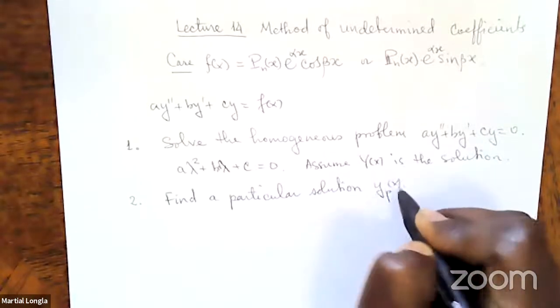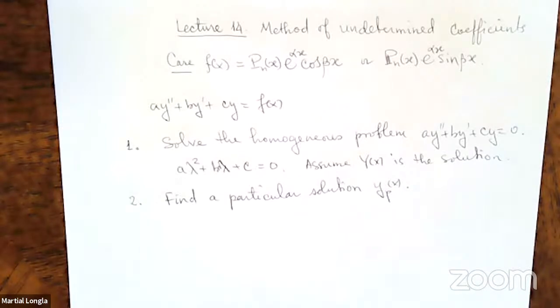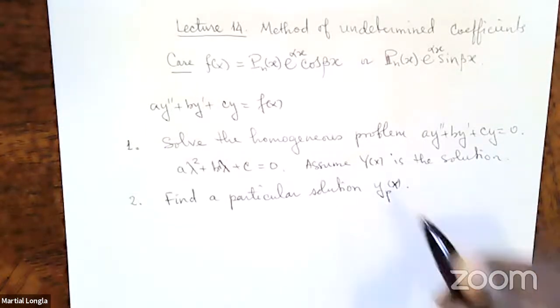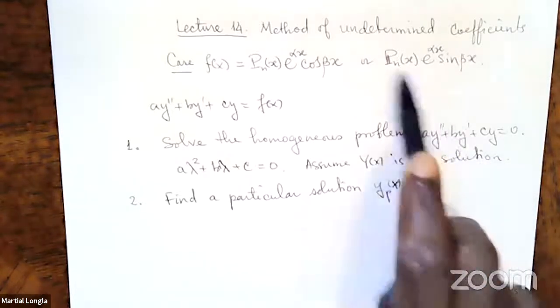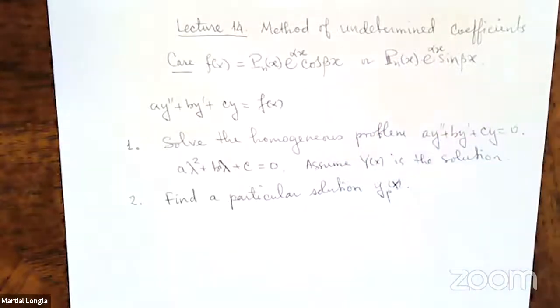Yp of x. Now, how do we find yp of x in this case? Same as in the previous cases, we need to find a function that involves some constants that we are going to look for, which is why we have the method of undetermined coefficients.